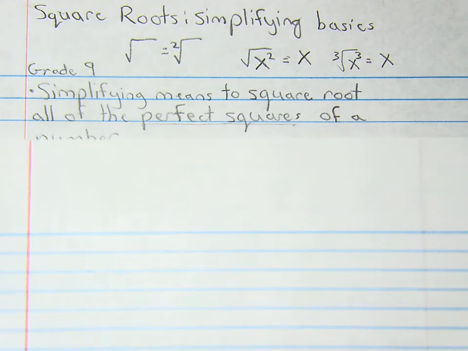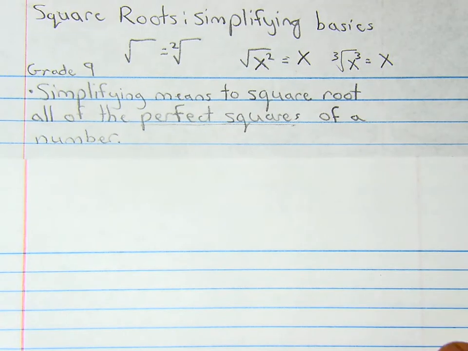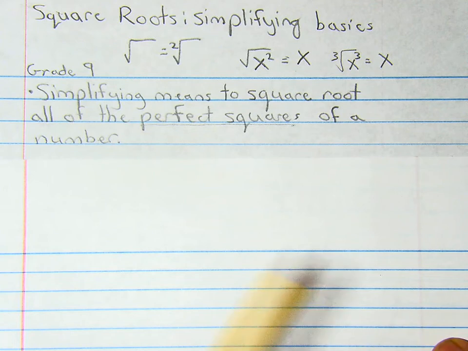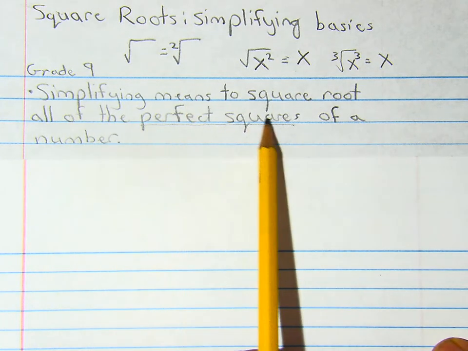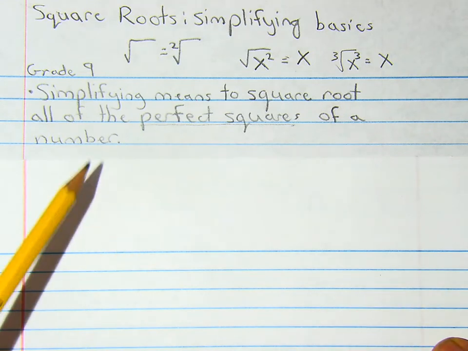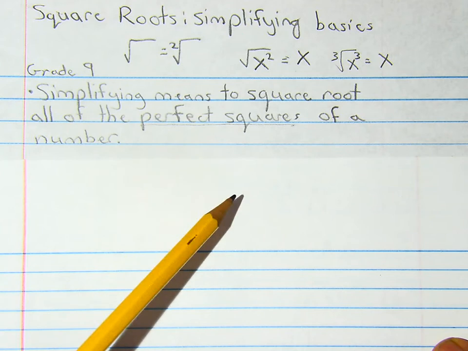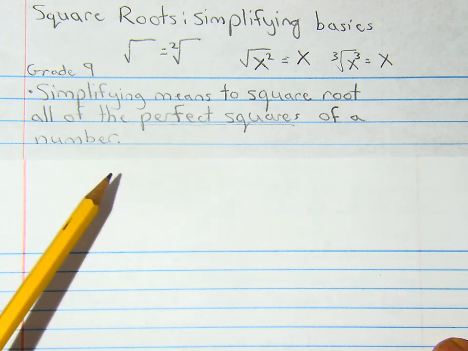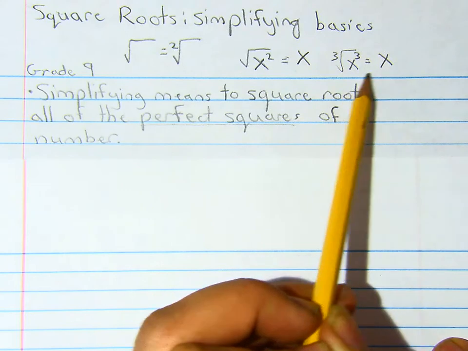So let's look at our initial fundamental. And so this definition is dealing directly with perfect squares. You won't always have perfect squares, but simplifying means to square root all of the perfect squares of a number. And we're going to talk more about that. And obviously, if this was a cube root, then we'd be looking for all the perfect cubes of a number, etc., etc. So it's trying to find all of these situations.